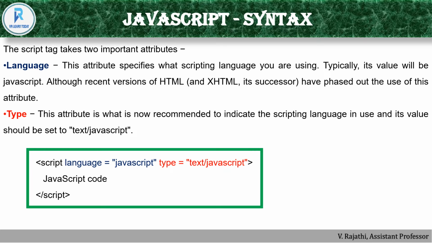The type attribute is now recommended to indicate the scripting language in use, and its value should be set inside the double quotes. Just give text slash JavaScript. So those are the two important attributes in JavaScript.